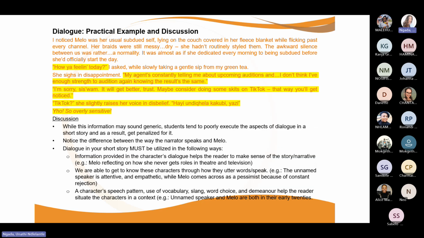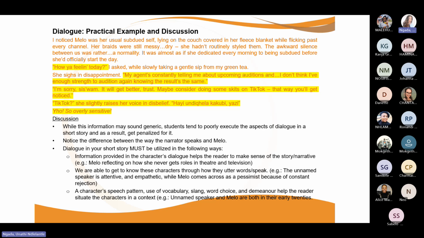Then what you will do in your own time, you will see that I have provided an example here, which you will go through in your own time. But just to reflect on this particular example, even though this information might sound generic for some of you, a lot of students still tend to poorly execute aspects of dialogue in a short story. And because of that, they actually get penalized for it.